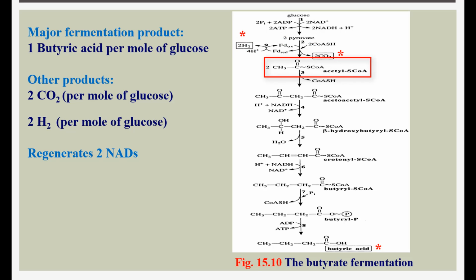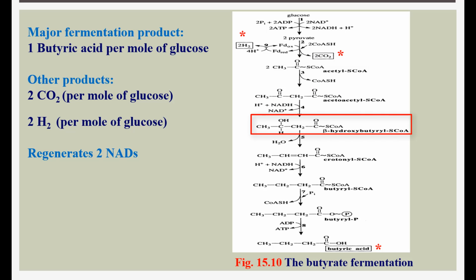The acetyl-CoA is condensed to form acetoacetyl-CoA, which is reduced to beta-hydroxybutyryl-CoA by means of one of the 2 NADH generated in glycolysis. The beta-hydroxybutyryl-CoA is reduced to butyryl-CoA by using the second NADH.